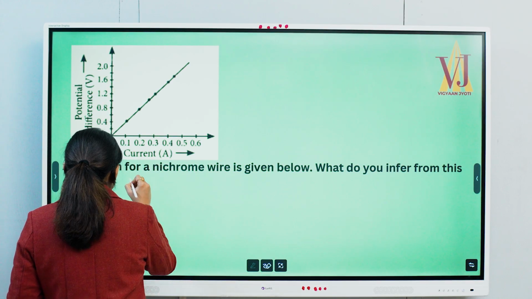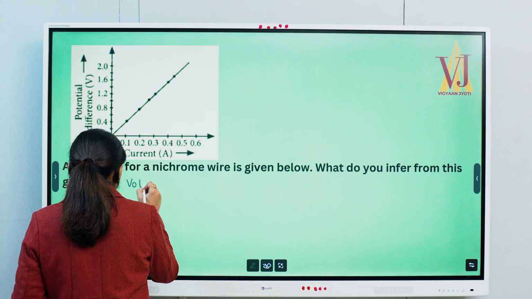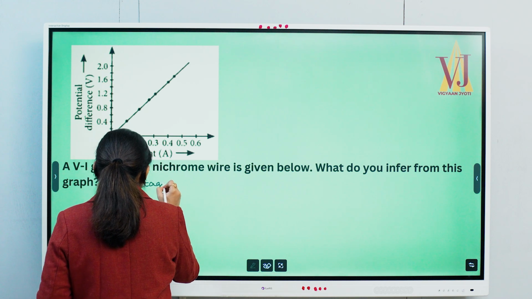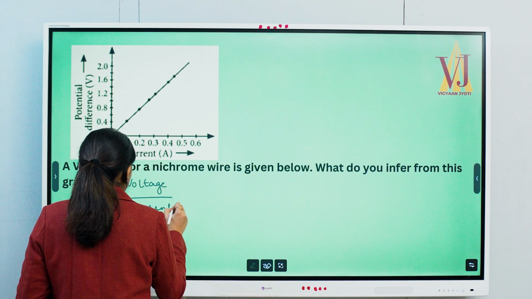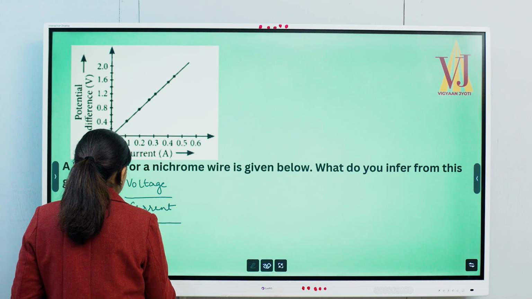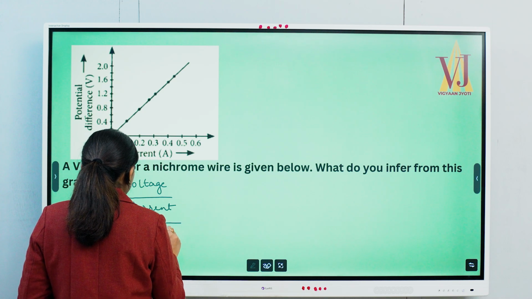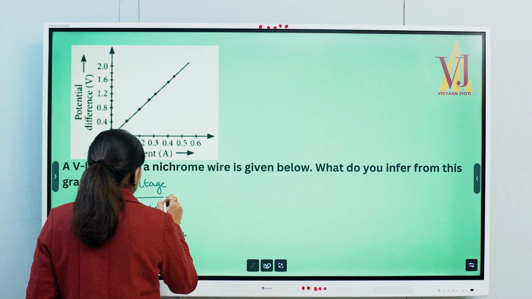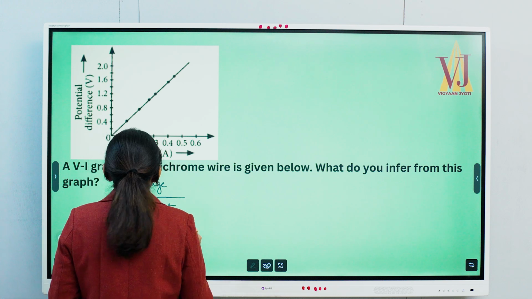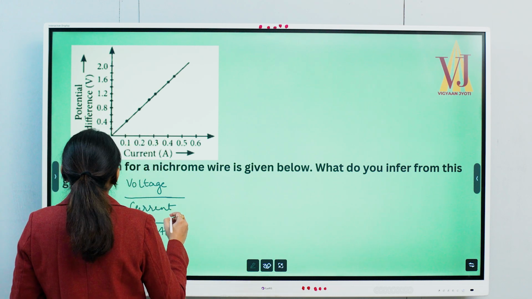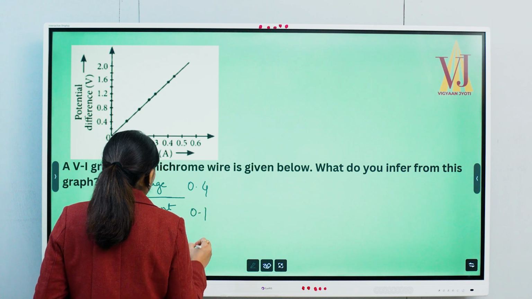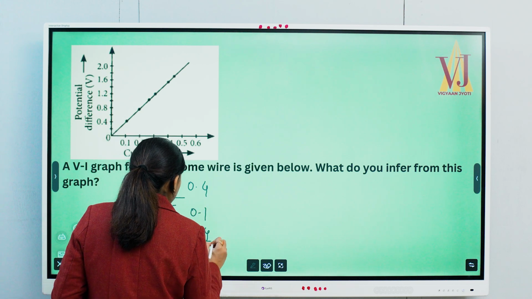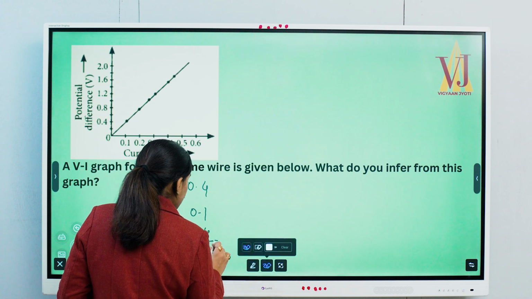So what I'll do is I'll put here voltage, and this is my current, and this will be my resistance, because after all, finding the ratio between them is only resistance, right? The first one, if you see, my voltage is 0.4 and my current is 0.1. So 0.4 divided by 0.1 is 4 ohms.